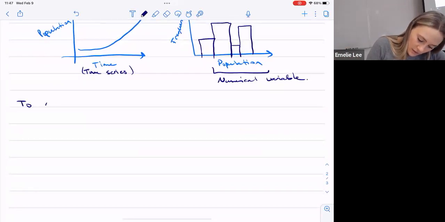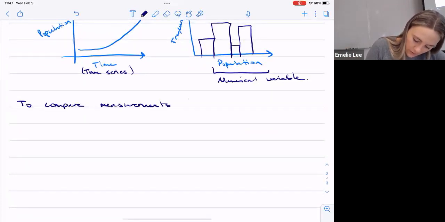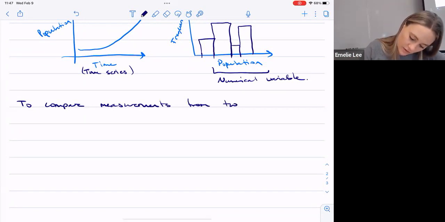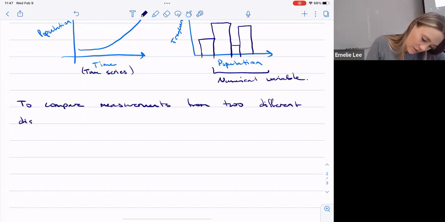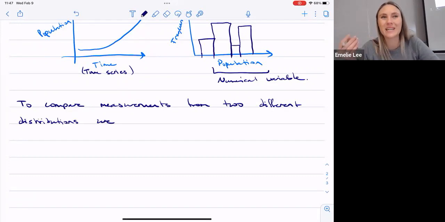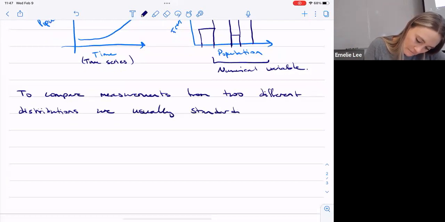So to compare measurements from two different distributions, we usually standardize the measurements.